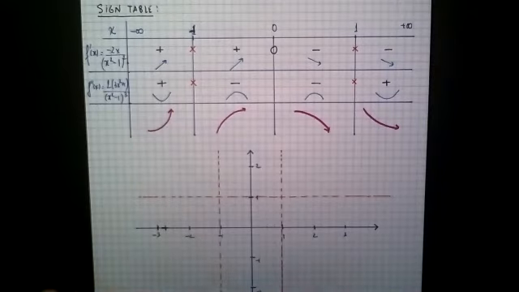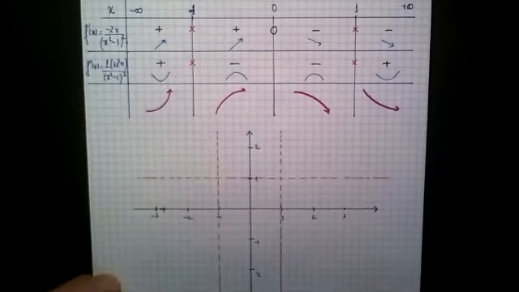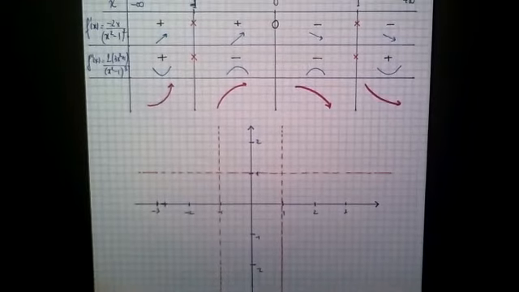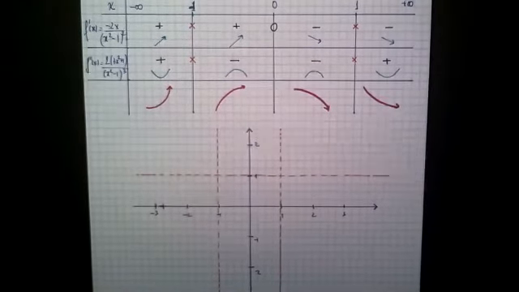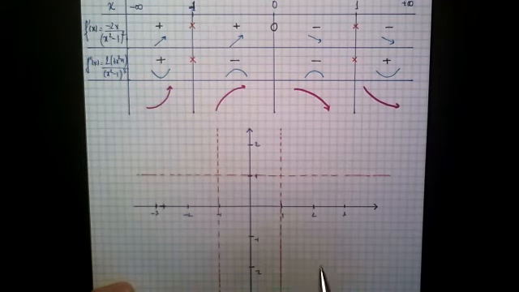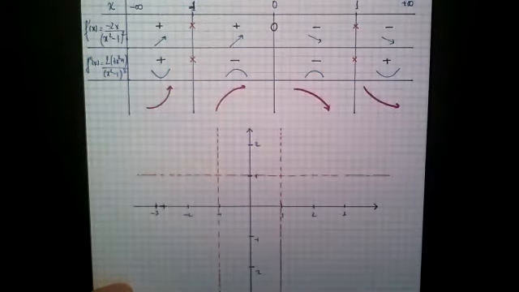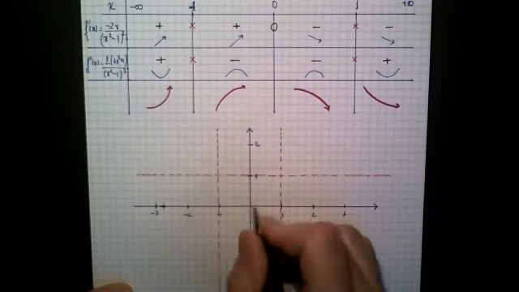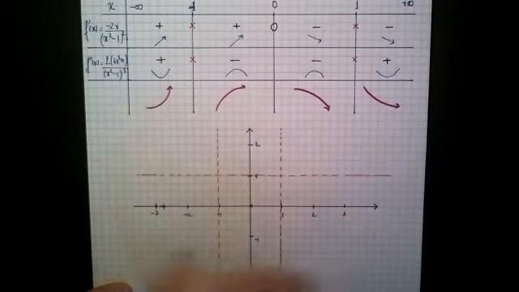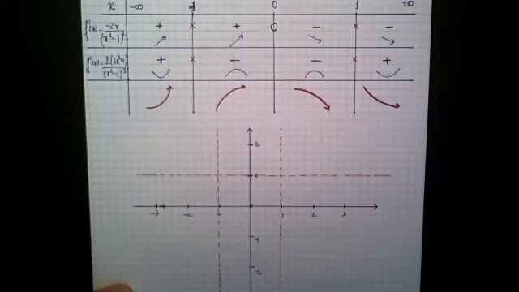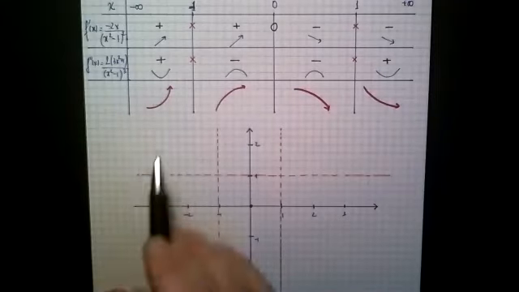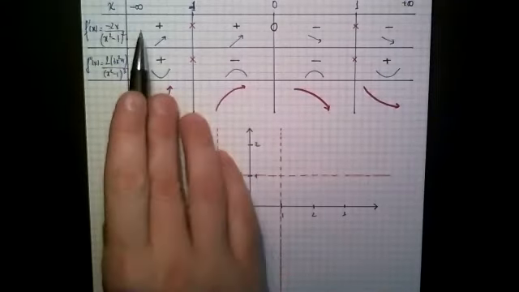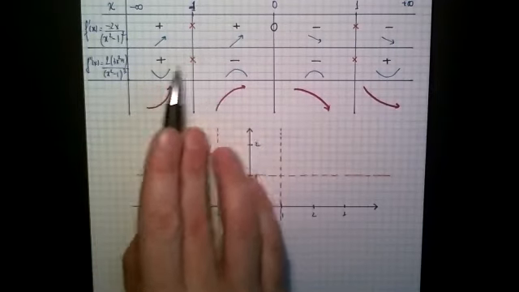Okay, let's sketch the graph. I think I could leave both in the screen. Okay. So we have my x-intercept and my y-intercept is 0, 0. This I have. And then I know that my function is increasing from negative infinity until minus 1.